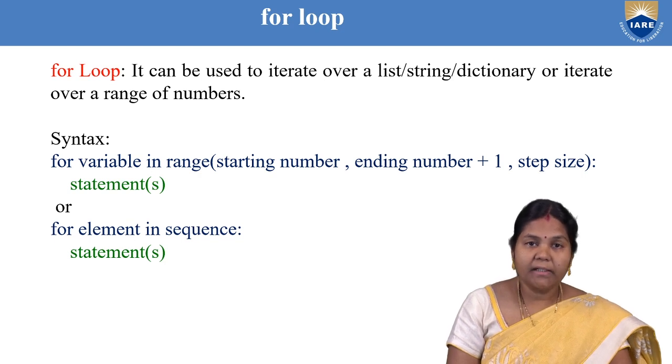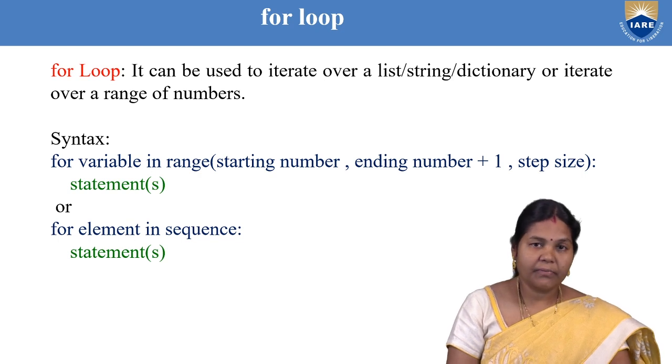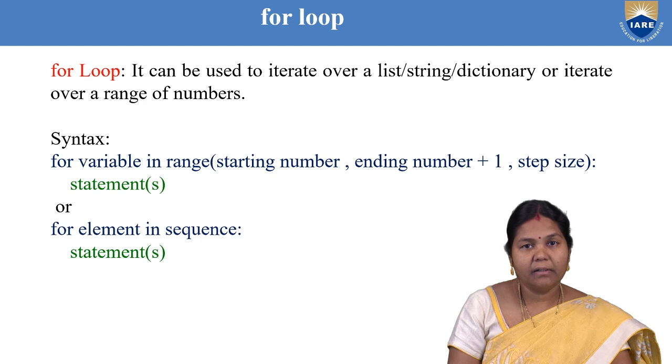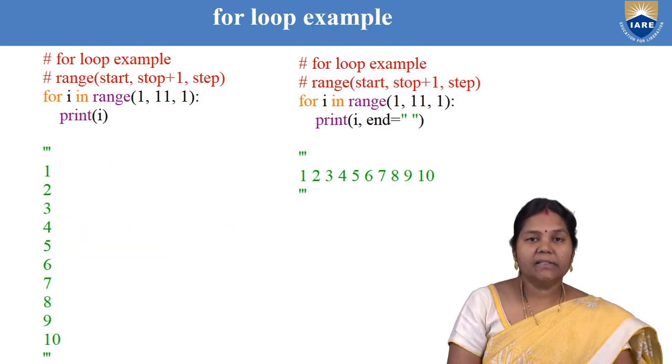Starting from the start value, it will keep repeating the statements until it reaches the stop value. Similarly, if you want to iterate over a sequence, you can write for element in sequence. For all the elements in the sequence, it will execute a set of statements or print the elements from the sequence.